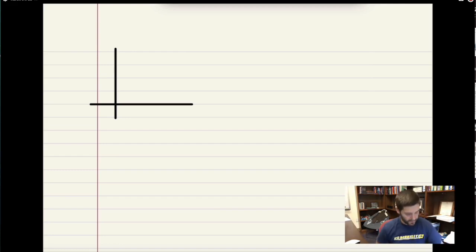Now let's look at, suppose I have some coordinate system. Maybe define this as the x, this is the y, and the arrows tell me which direction is the positive direction. Let's see how we can think about how we add two vectors. Suppose I have some vector r, which has an x component and a y component.